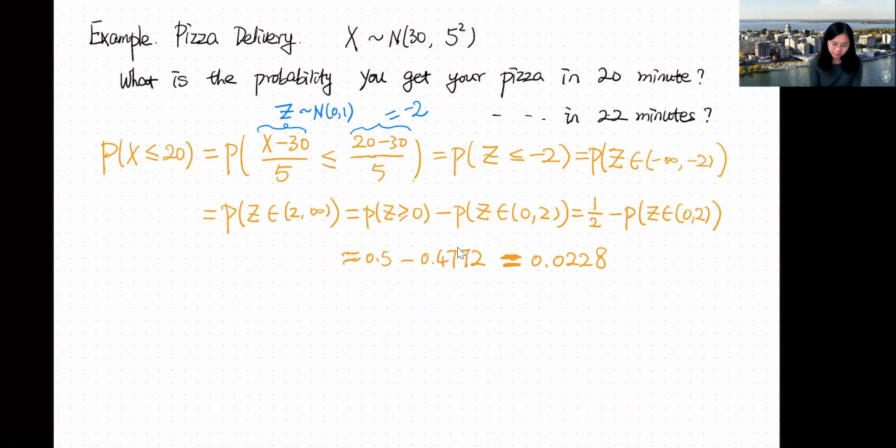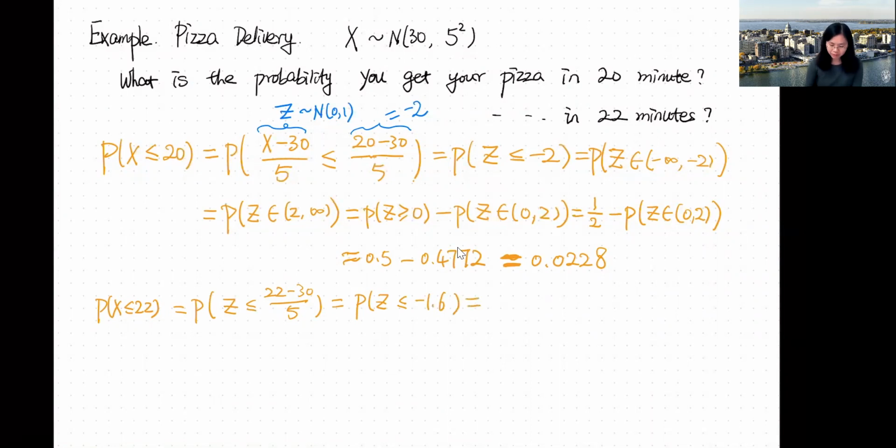And what about the probability that you get your pizza in 22 minutes? We can do the same calculation. That equals the probability that Z is less than or equal to 22 minus 30 divided by 5, which is the probability that Z is less than or equal to -8/5, so -1.6.